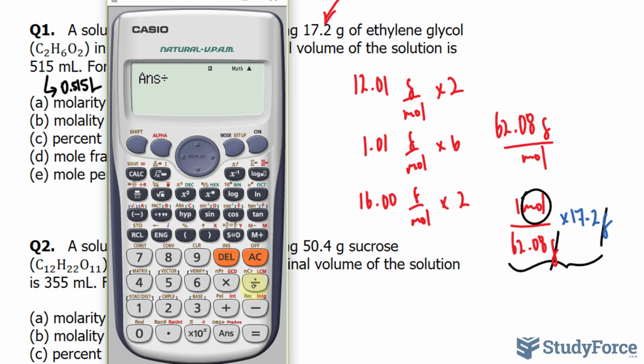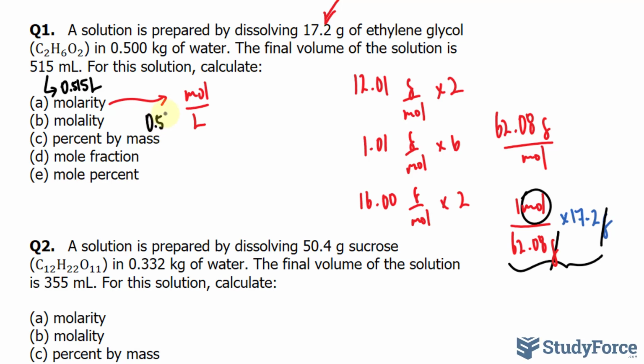And then I'll divide that by 0.515. And we end up with 0.5379. And to 3 significant figures, this 7 will go up to 8. So we have 0.538 moles per liter.